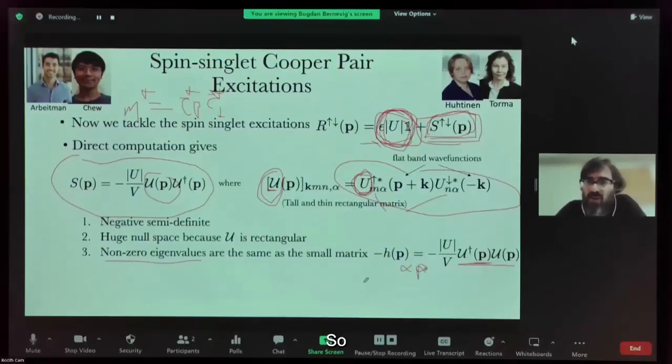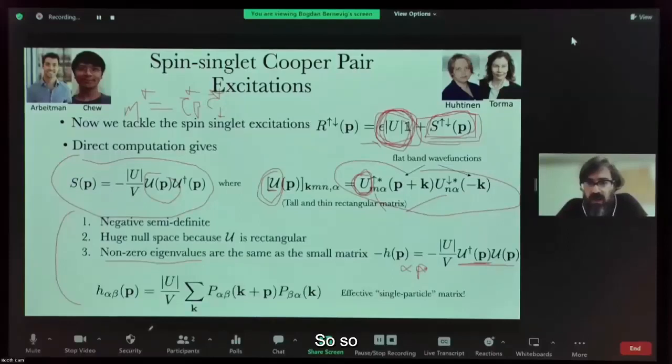So the number of non-zero eigenvalues of this S is basically bounded roughly by the number of orbitals times some factors. So in that sense, we expect that it's governed by a small Hamiltonian. Everything else is zero eigenvalue.